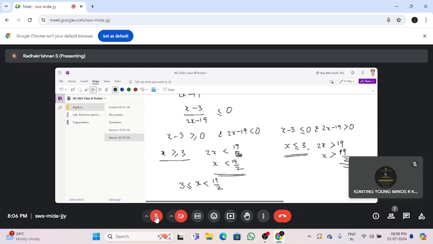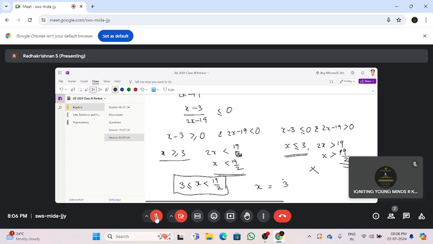This is and, both should be true here. Numerator should be negative and denominator should be positive. Both cannot be true at all, because x cannot be less than 3 and greater than 9.5. Any number you take, this is no solution. So that is why you get only this as the solution.